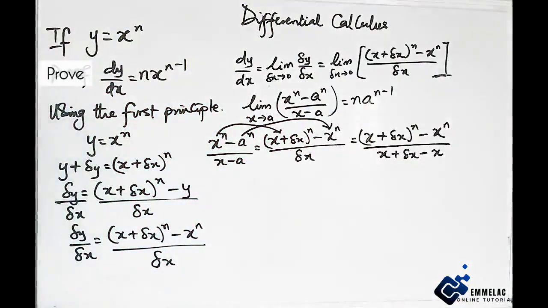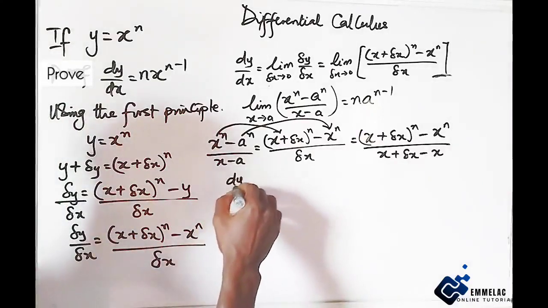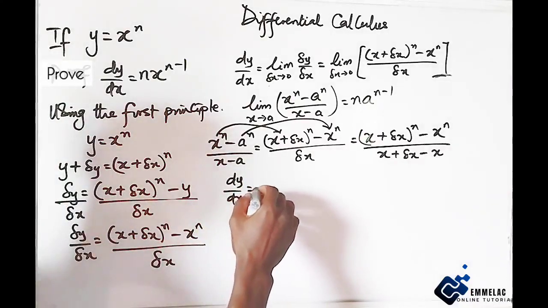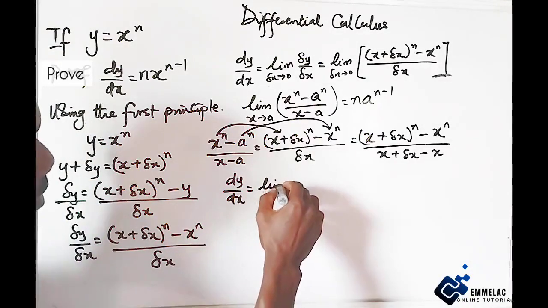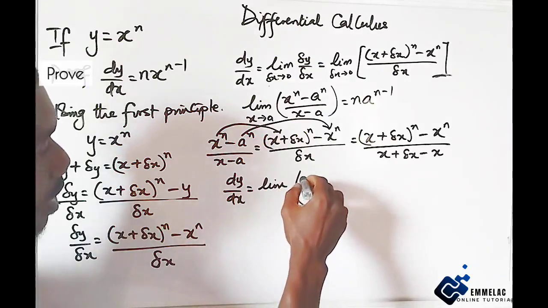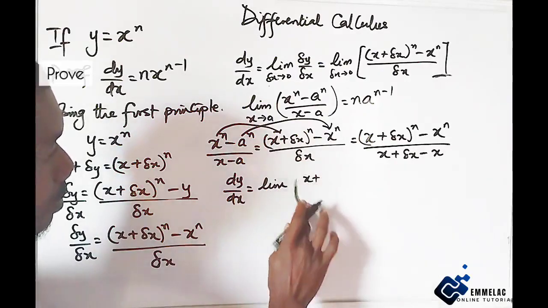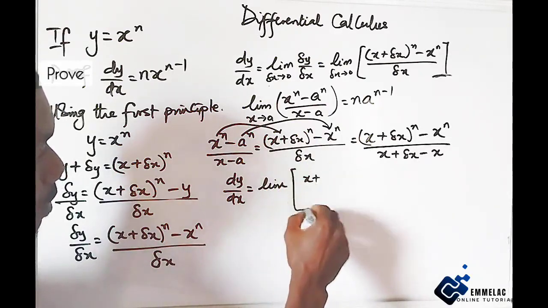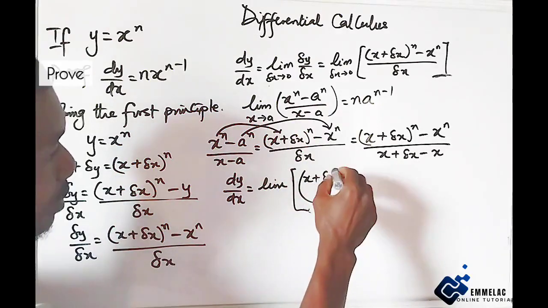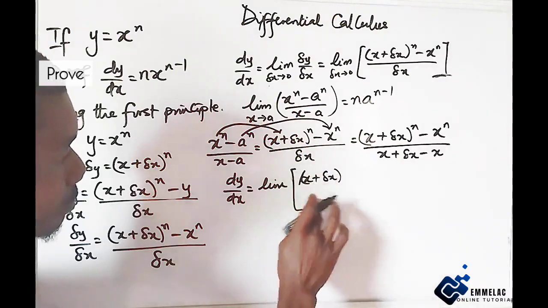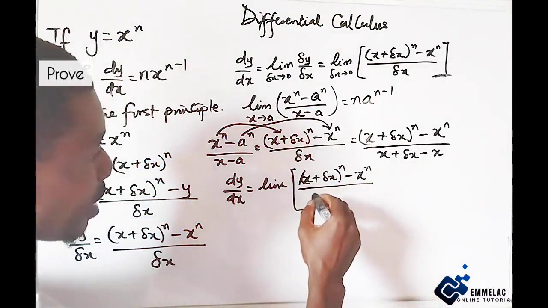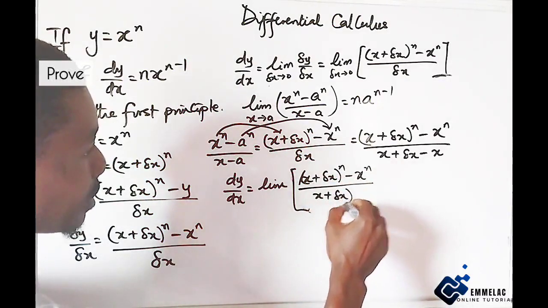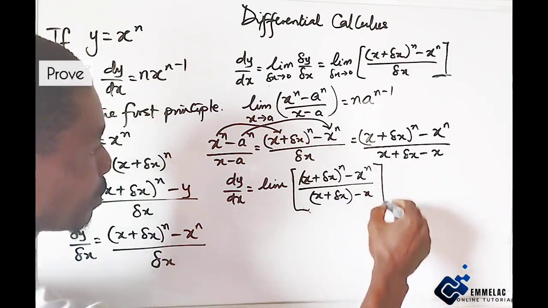To that end, here you have dy over dx equals the limit of x plus change in x all to the power of n minus x to the power of n all over x plus change in x minus x, close bracket.